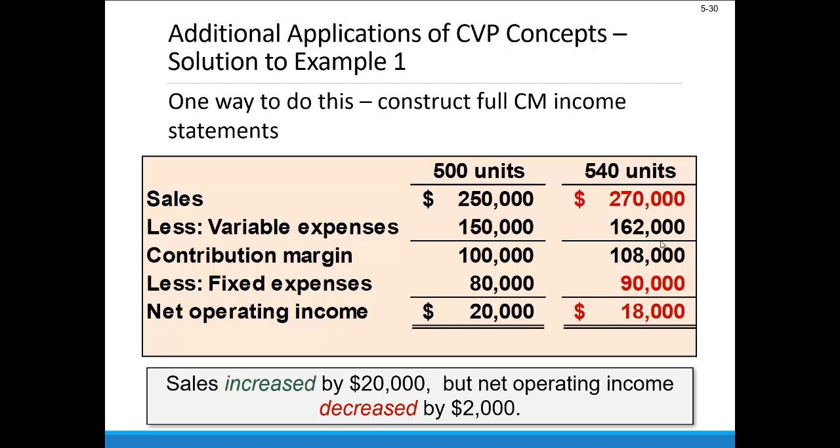CM's the difference, 108,000. Fixed expenses we're saying would increase to 90,000, increased by 10,000, would leave me net income of $18,000. So in this case, it would not be worth it for us to increase advertising to sell a few more bikes, assuming that our estimates about extra demand and all those things are pretty accurate or reasonable.